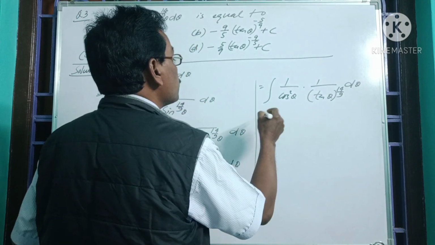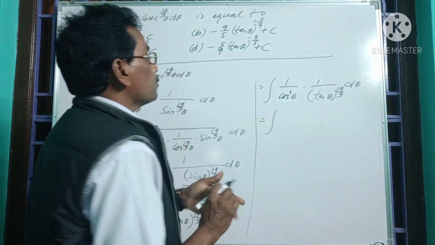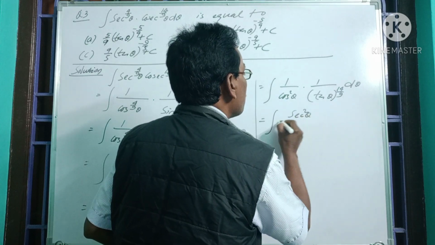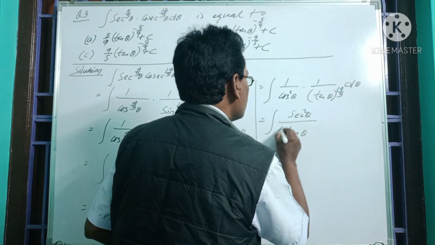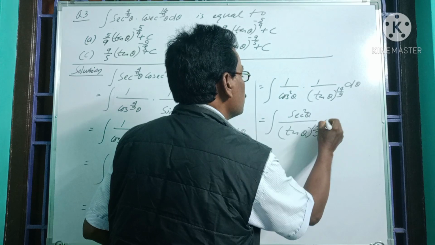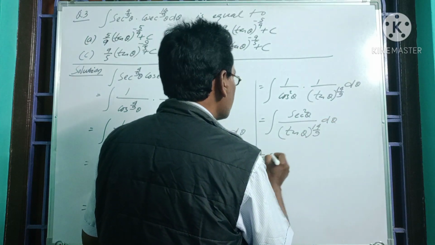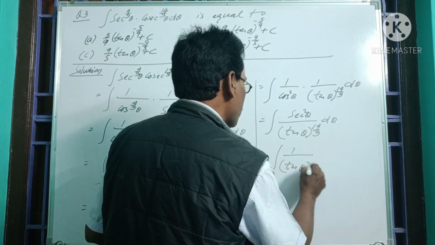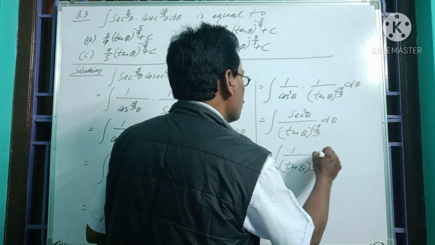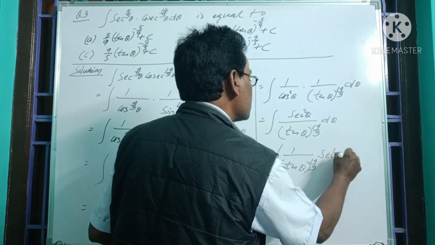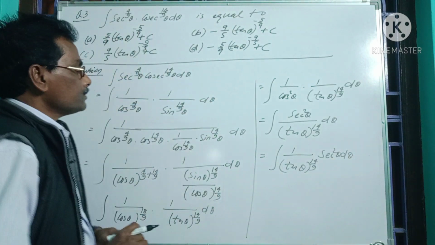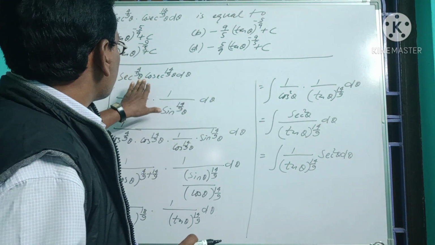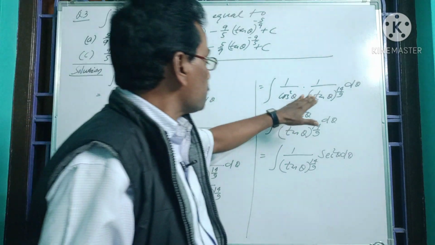Here 1 by cos square theta is equal to sec square theta, so we have sec square theta by tan theta to the power 14 by 9 with respect to theta. Adjusting, we have the integration of 1 by tan theta to the power 14 by 9 into sec square theta with respect to theta. After adjustment, the integrand which was not in standard form has been transformed into standard form.